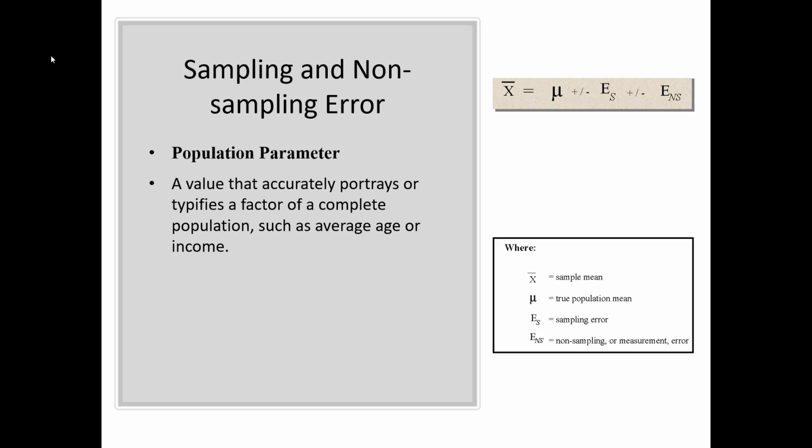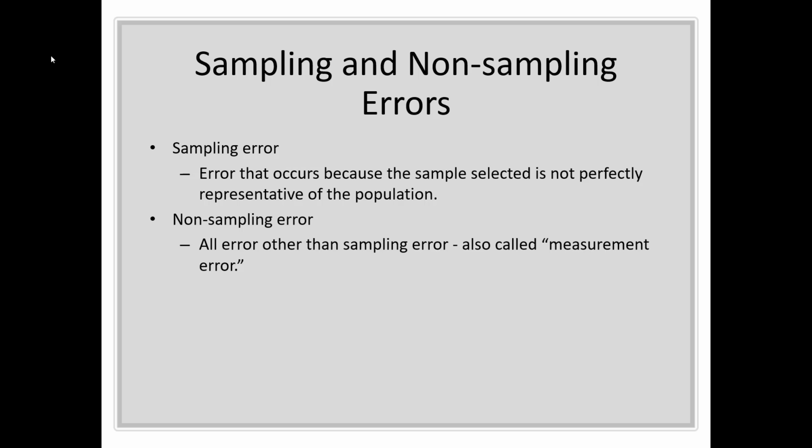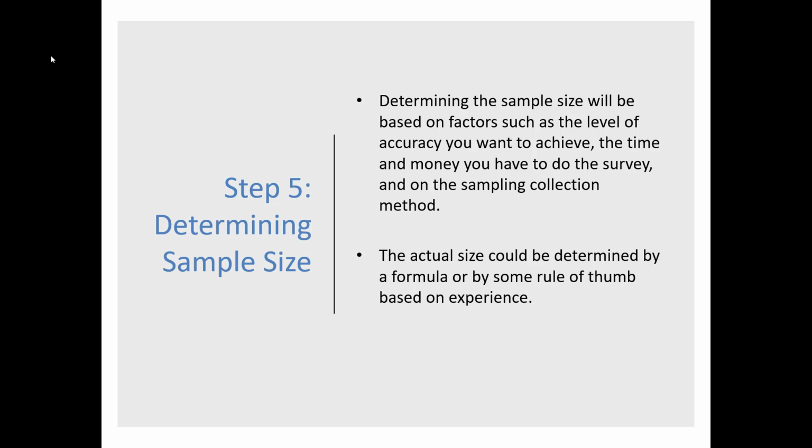That's why we have those kinds of errors, and obviously the difference between professional researchers and amateur researchers is that with professional researchers we can probably control measurement error, or non-sample error, to a minimum, right?